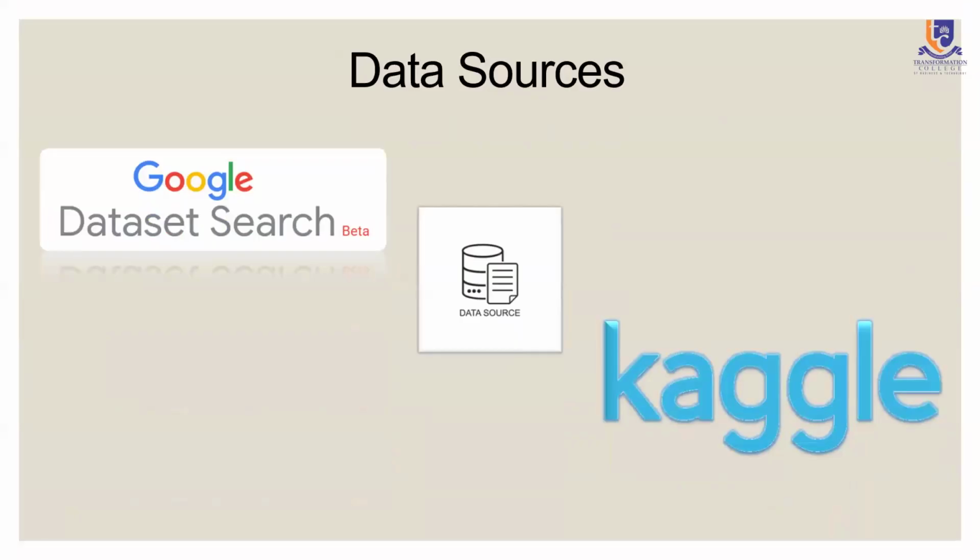Now, the start of every workflow is your data source. Where are we getting our data from? For this class, you could get it from Google Dataset Search or Kaggle, and we'll be using a Kaggle data source.